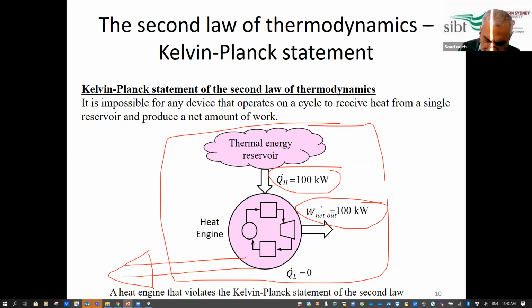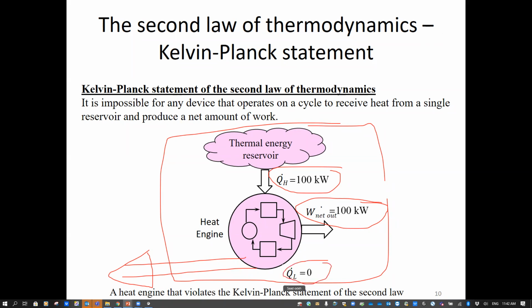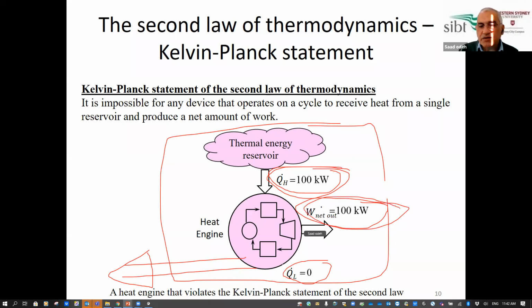Yes, because here it says QL is 0. You can't do this, and you can't operate an engine without losing heat to a heat sink. You must lose heat. That means we don't have any work or the heat transfer, something like this. No, we have work, but not all the heat coming from this side goes to work. Because I don't understand this point.